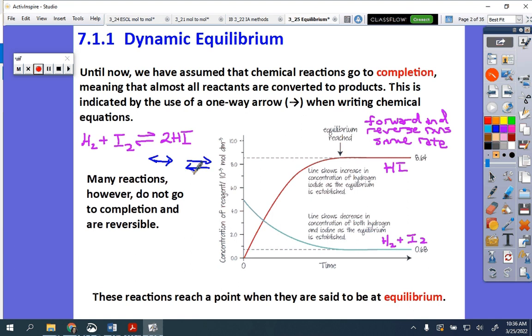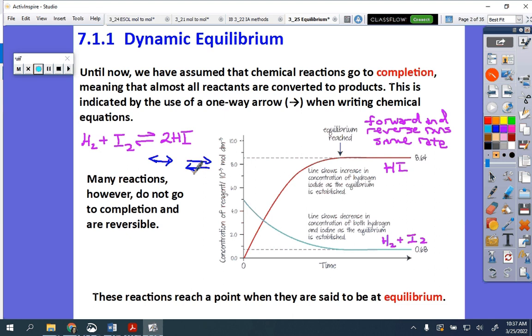So when we reach equilibrium, what that means is that the rate of the forward reaction still happening in the beaker or whatever is the same as the rate of the reverse reaction. So one thing is turning into another at the same rate that the products are turning back into the reactants. So the overall concentrations are constant, all right? So we're changing a tiny little bit, but we're changing a tiny little bit in both directions.